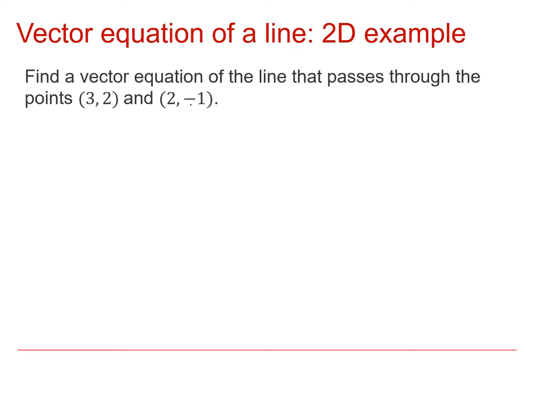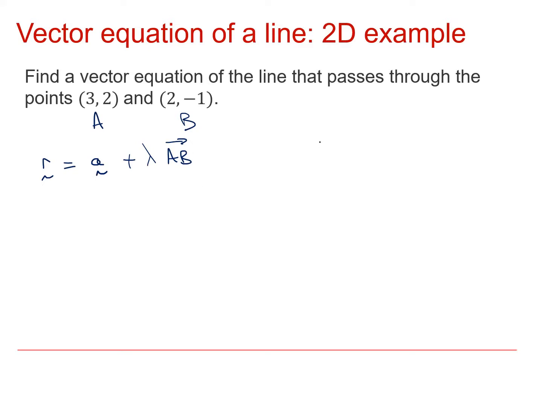Okay, so let's look at finding the vector equation of the line that passes through these 2 points. I'm going to call those points A and B. Well, the vector equation will be the position vector of A, let's call that a, plus any multiple of the direction from A to B. Let's look at this direction.